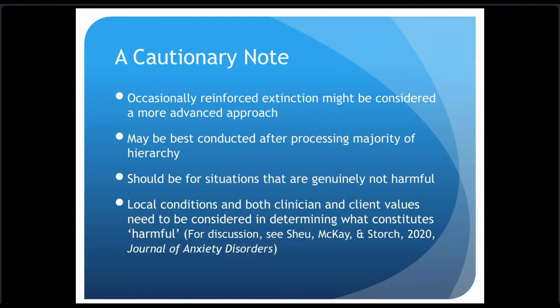So, you might say in Australia, I'm assuming we don't have any people from Australia on the call here, but if we did, or if you're corresponding with people and consulting with folks in Australia, they would probably tell you that spider fear and having occasionally reinforced extinction as part of that, where someone might get bitten by a spider, is a pretty serious hazard in Australia, home to the majority of the deadly to human spiders.